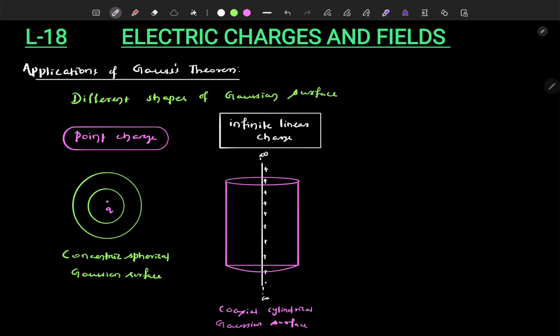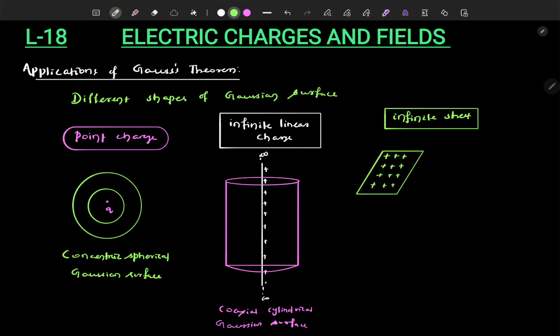Okay. Next, for infinite sheet. So this is your infinite sheet, suppose. Infinite charge sheet. If you observe the infinite sheet from one side, it behaves like this, linear in nature.